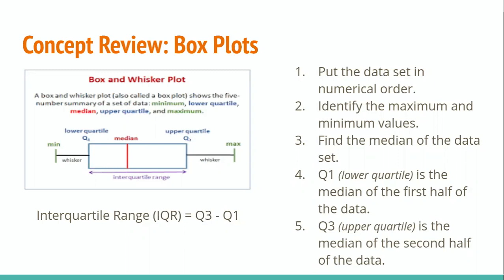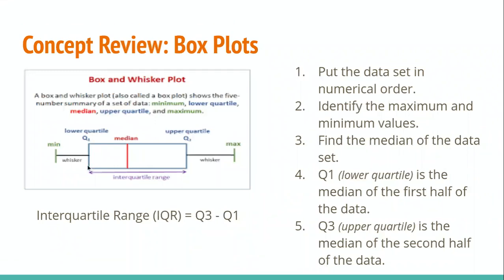Okay, and again, I just listed how you would go about finding or creating a box plot from data. Again, put the data in numerical order, identify the maximum and minimum values, find the median of the entire data set.